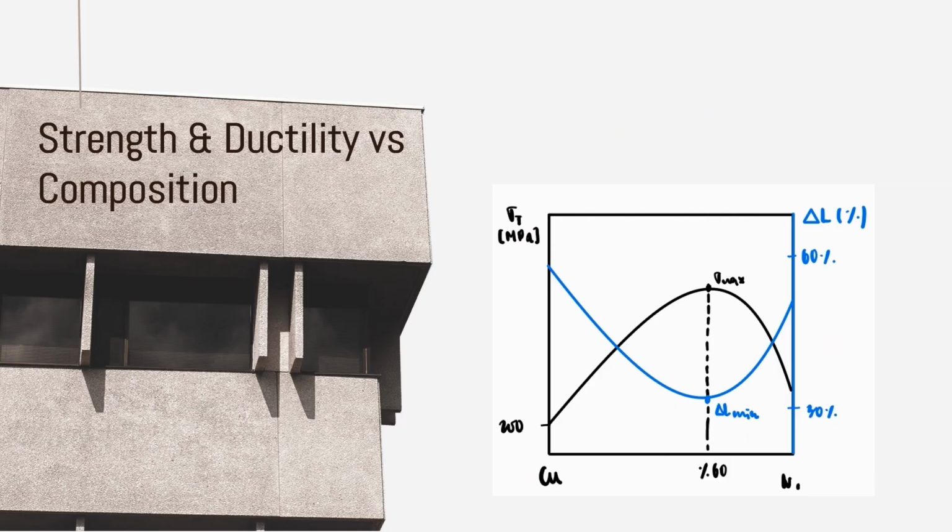Then we can talk about the strength and ductility of this component. Similarly to the previous case, I expressed the tensile strength on the left and the ductility on the right, and now we see again that the point of maximum tensile strength and minimum ductility coincides here at around 60%.